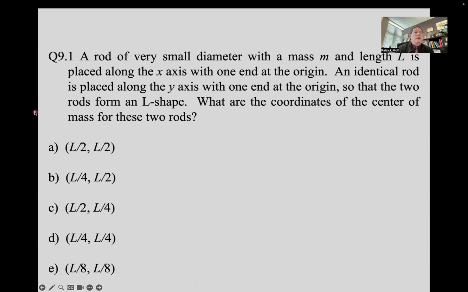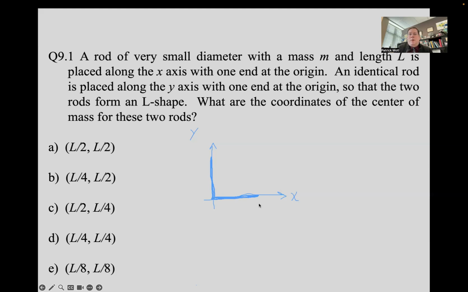Okay, so let's try an example and have you guys work this out. So I've got a coordinate system. There's X, and there is Y, and we have rods of length L and mass M aligned along the coordinate axes.